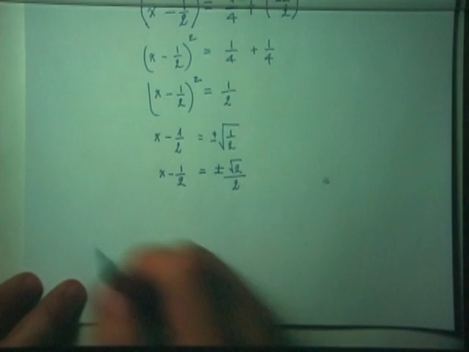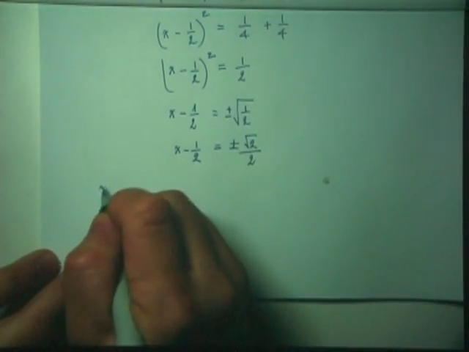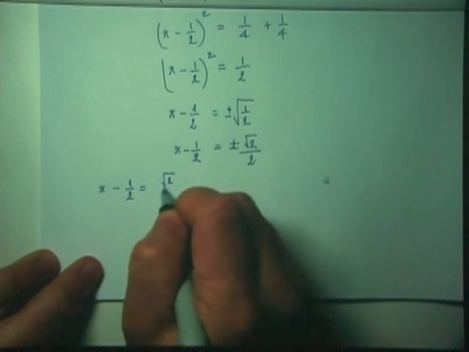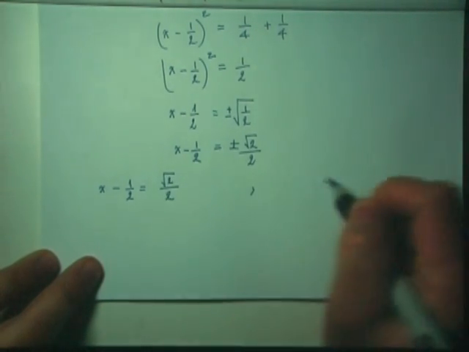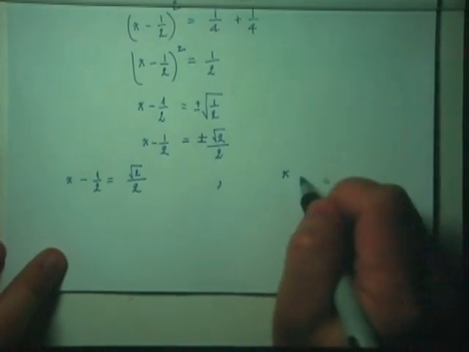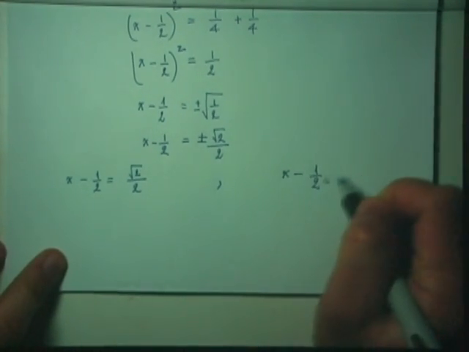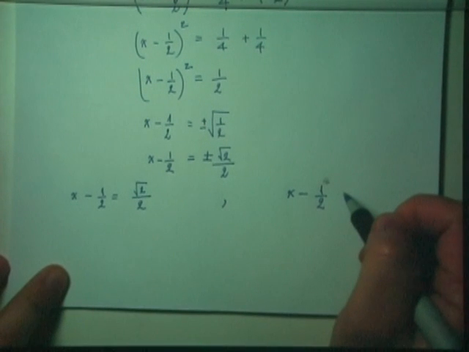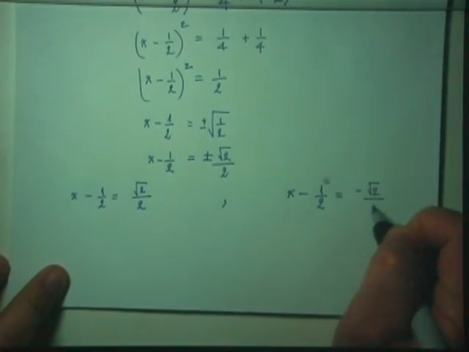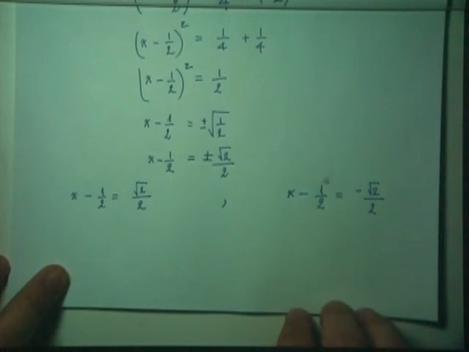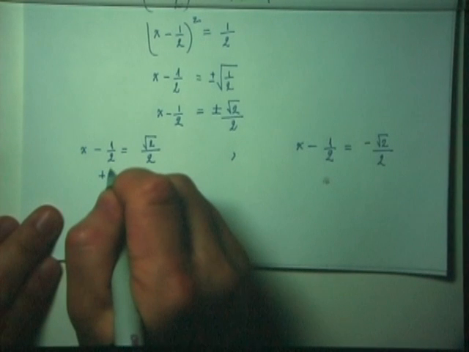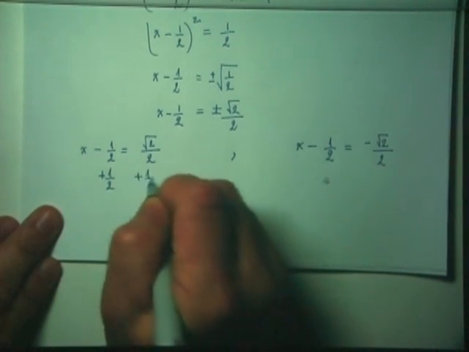And at this point, once again, I have on one hand x minus 1/2 equals positive square root 2 over 2. On the other hand, my equation turned out to be x minus 1/2 equals negative square root 2 over 2. So I have two sub-equations to handle. And so my first sub-equation, all I have to do is just simply add 1/2 to both sides.